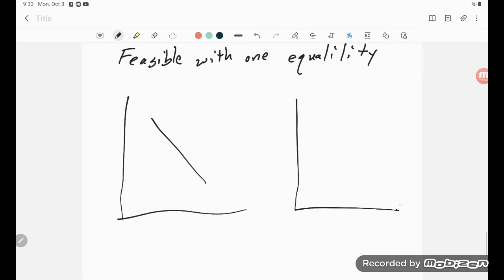I'll draw it again over here. Now, in this case, you're going to have, again, most likely one of these two cases. I'll probably draw a third when I'm done just to show you, well, you could have something else.